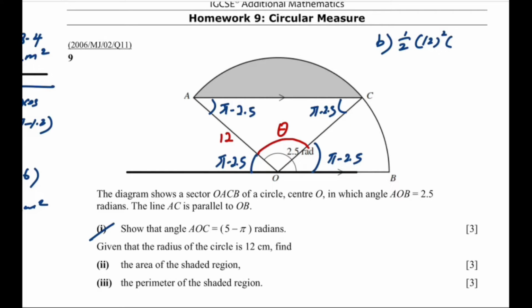The angle is 5 minus pi. Then minus the area of the triangle, 1 over 2 AB, both are 12, so 12 square, sine of the angle here, 5 minus pi. Make sure everything is in radian input.